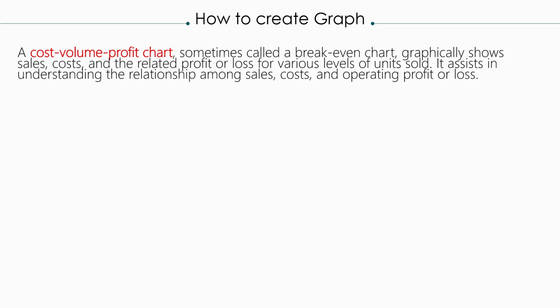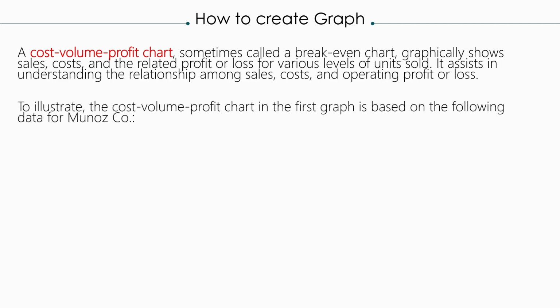So a cost volume profit chart, sometimes a break-even chart, graphically shows the sales, cost, and related profit or loss for various levels of units sold. It assists in understanding the relationship among sales, cost, and operating profit or loss. To illustrate the CVP chart, the first graph is based on the following data for Munoz Corporation.